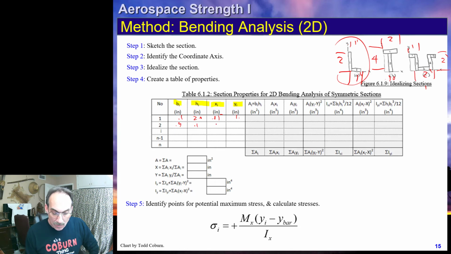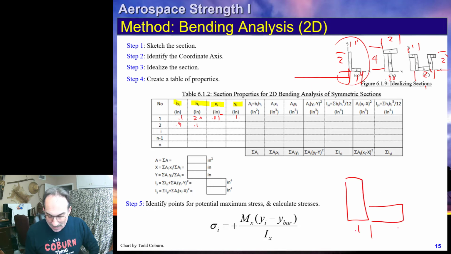Its X bar, if we look at this closer, is 0.1 plus 0.9 over 2, which means 0.45 plus 0.1, which is 0.55. Our Y bar of element 2 is going to be at 0.05.